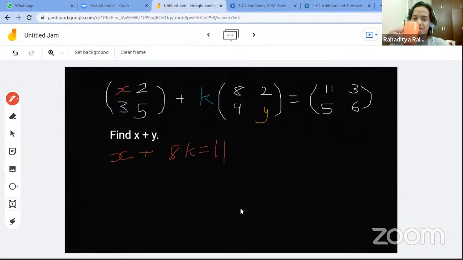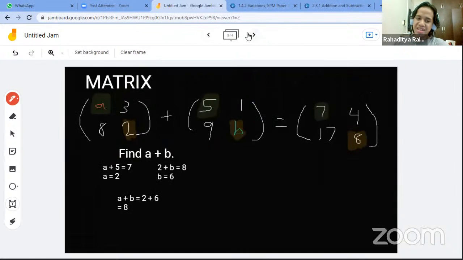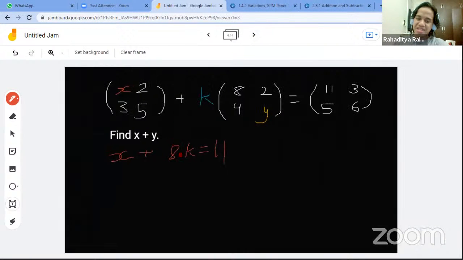The x plus 8k, that's a good choice to make. Problem is, unlike the previous question, you have 2 unknowns in this equation, so you can't find x directly. So what should you do first, which will allow you to find x?